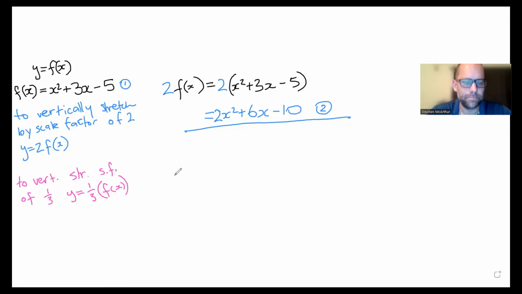Actually, I don't need all these brackets. I can just do this. 1/3 f of x. That's okay. All right. So let's just do this now. This is going to be our equation 3.